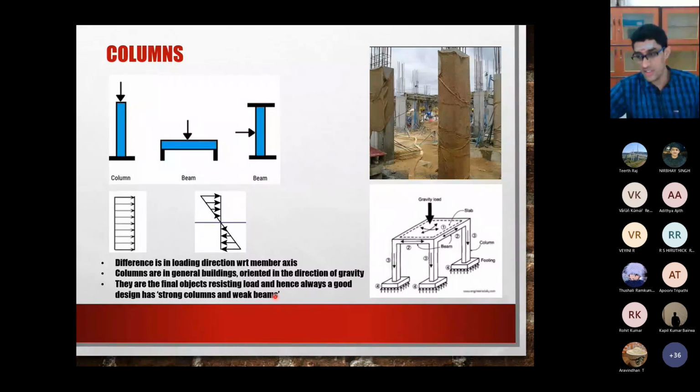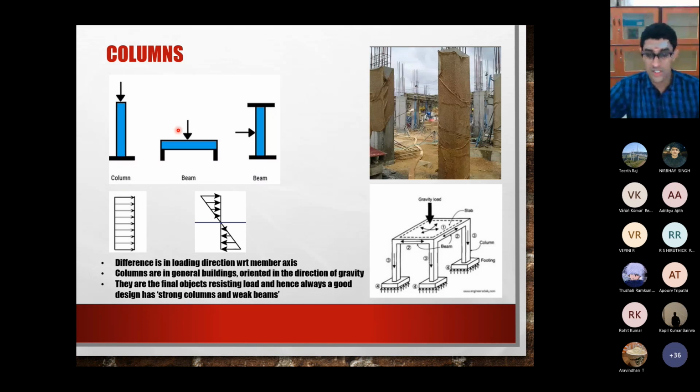So in general, beams and columns are very specific elements which take only a certain type of load. If it's a beam, we generally mean that it takes only loads transverse to its axis. If it's a column, we assume that it takes only loading through its longitudinal axis.